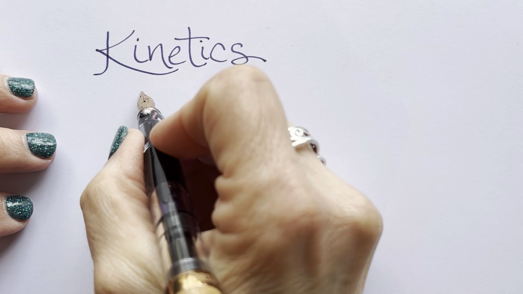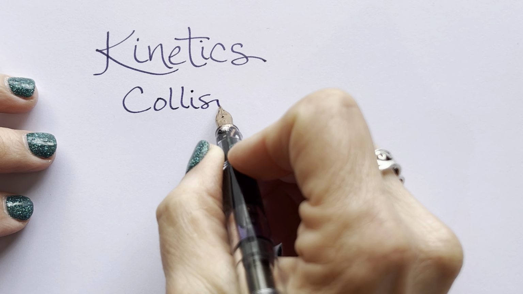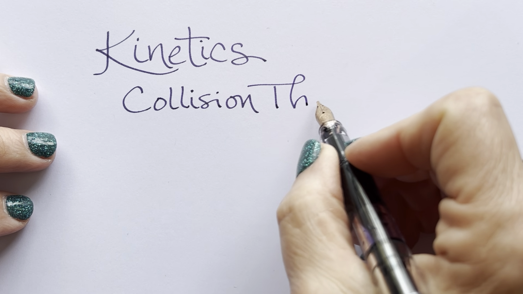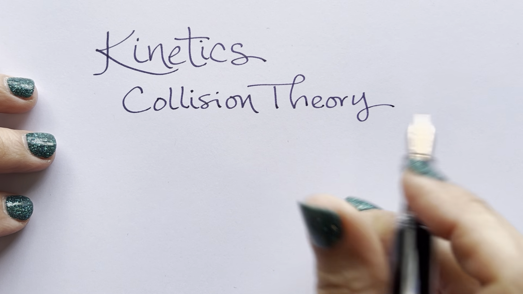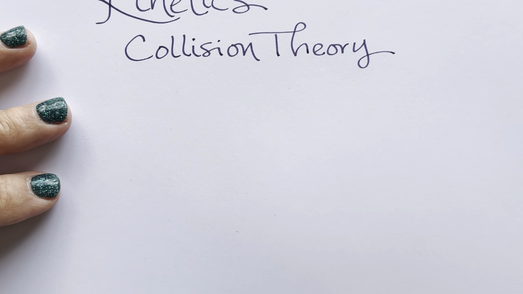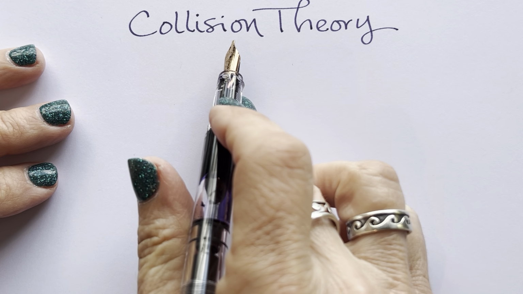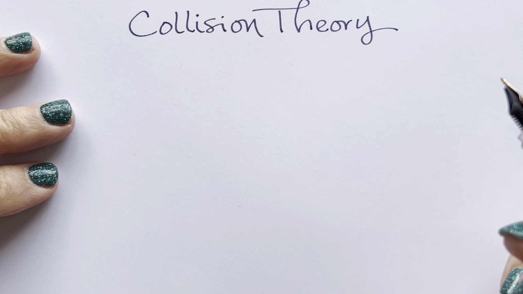Okay, so collision theory. These are the postulates that we talk about that are relevant to kinetics. And in terms of this word collision, it is literally the molecules are colliding.